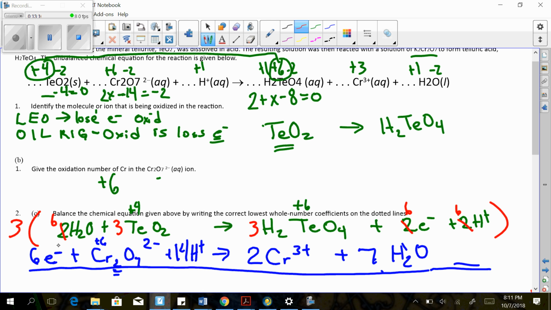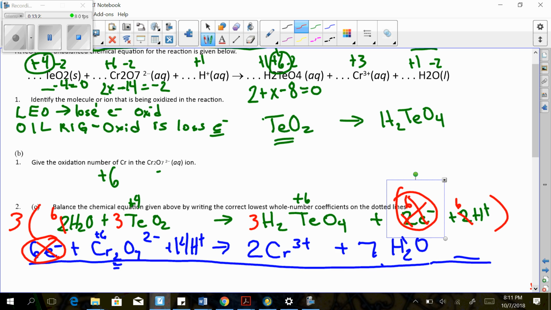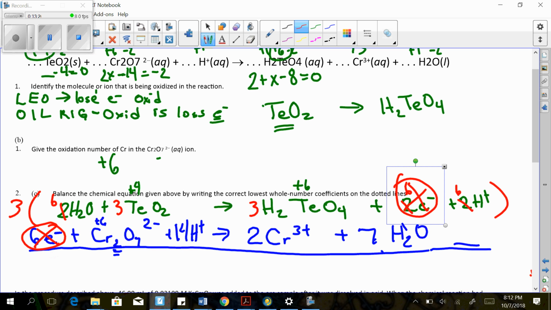So if I look at my 6 electrons, cancel my 6 electrons. You can never have electrons in the overall balanced equation when you do this. And so now I can pull everything down.